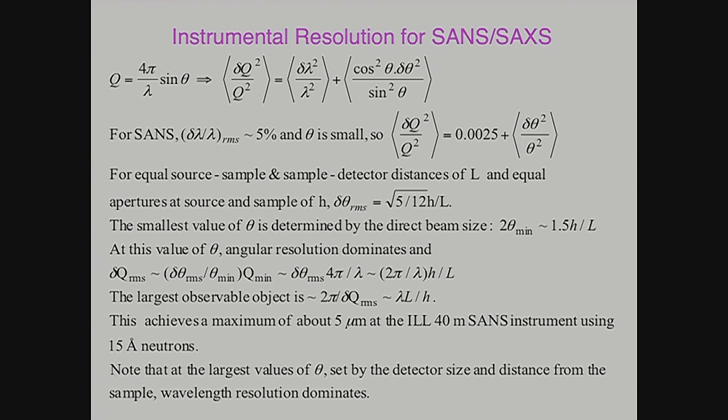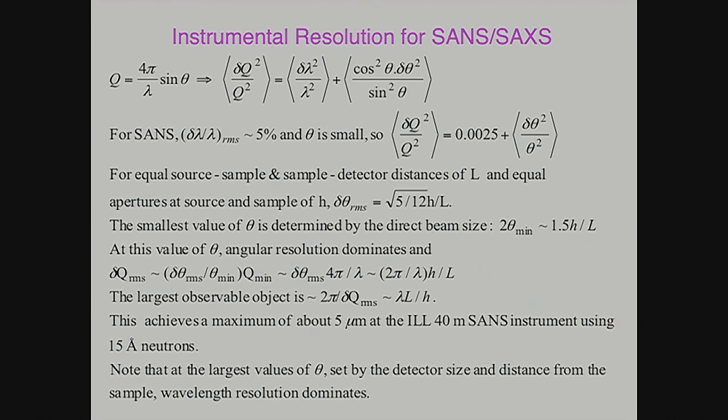It was also true that a centimeter was about the right size for a sample. You could get enough scattering from that that you could see. If you have a square millimeter of sample, you'll get 100 times less scattering, right? And whatever size detector you put it on, it's still 100 times less scattering.